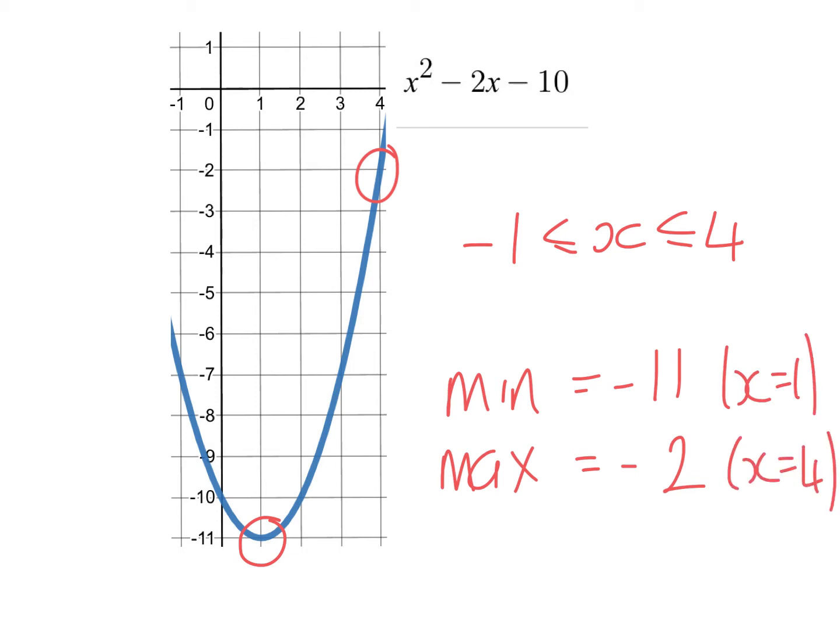So one of my maximum or minimum values occurred at my end point, and one of them happened at my stationary point. To do these questions, we always have to look at our end points, and then look for our turning points, because the turning points could be where the maximum or minimum occurs also.